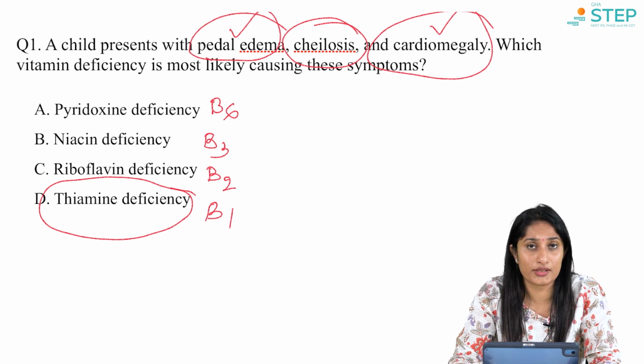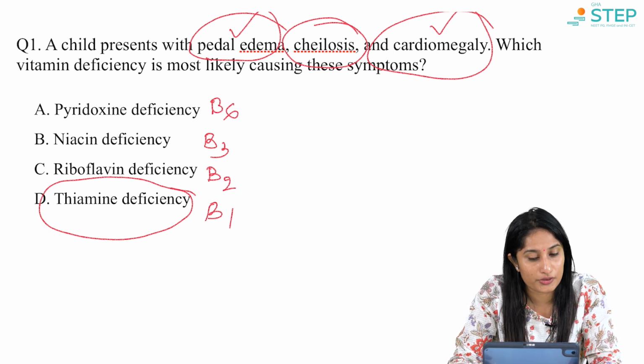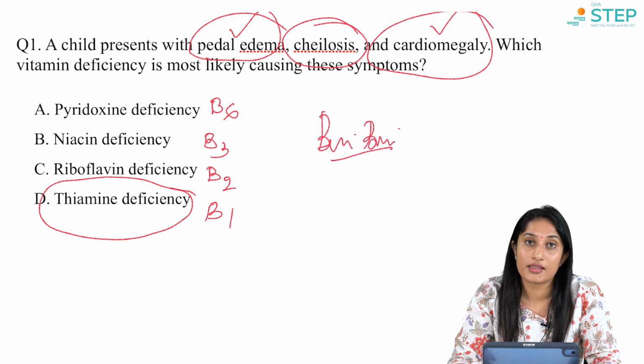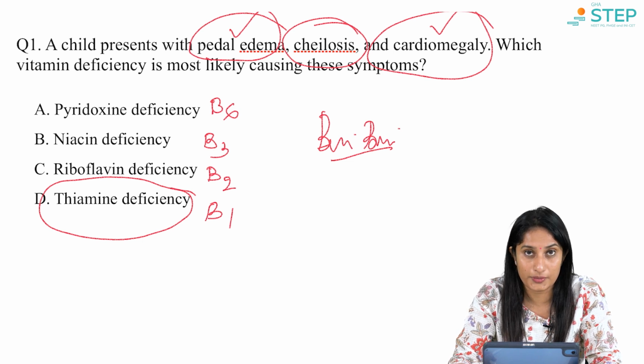Do we have a name given for this particular condition? Yes, we call it beriberi. Beriberi is the deficiency disorder of vitamin B1 or thiamine. Now, what are the types of beriberi?